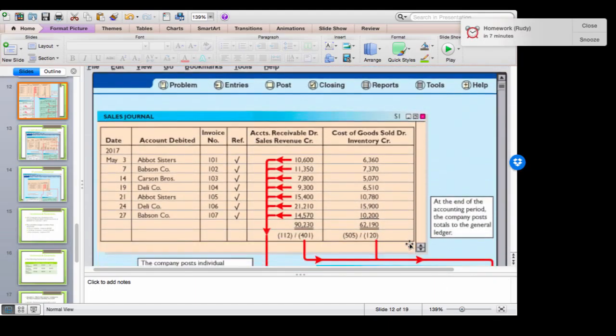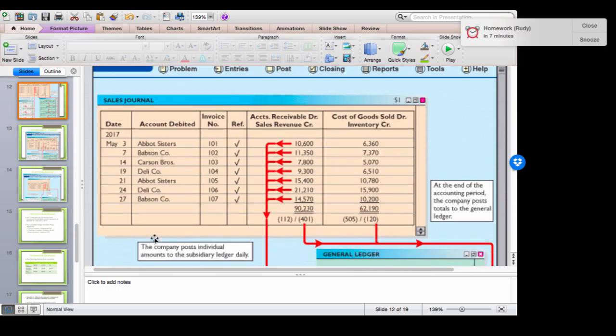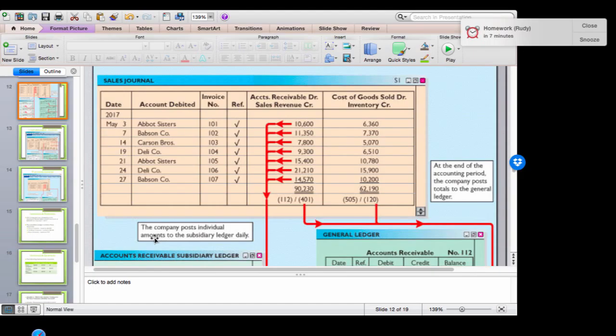So here's a sales journal for different companies. We have Abbott Sisters, Babson Company, Carson Bros, Deli, and so on. Okay? If you remember back in the previous chapter, when we recorded sales on a perpetual inventory system, we had to post two transactions, one for the amount of the sale, and the other for the amount of the cost of the good that was sold.